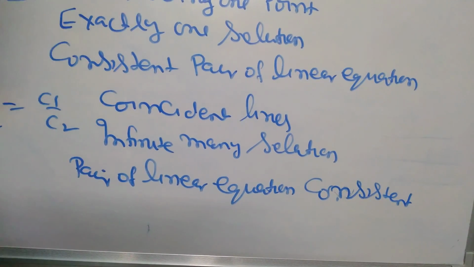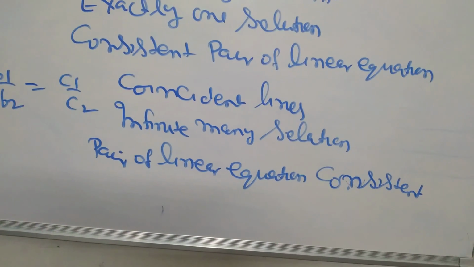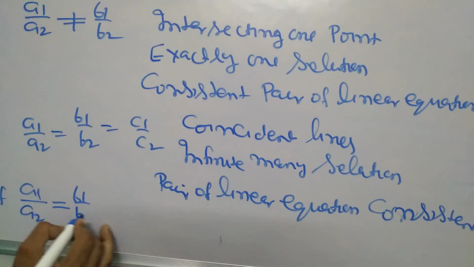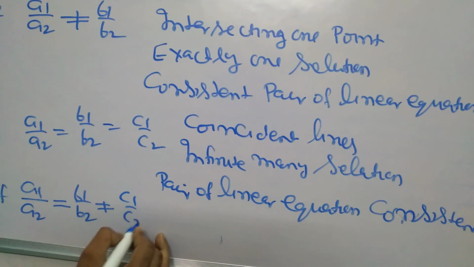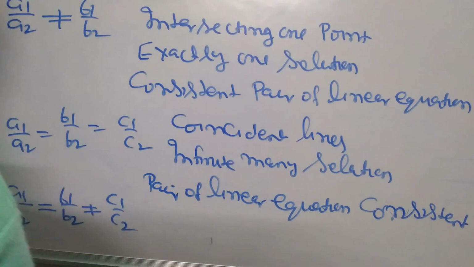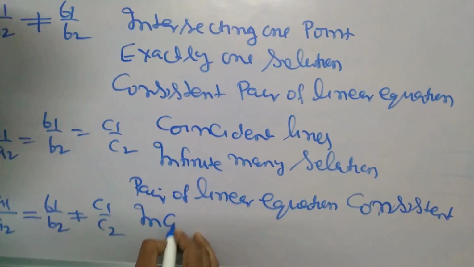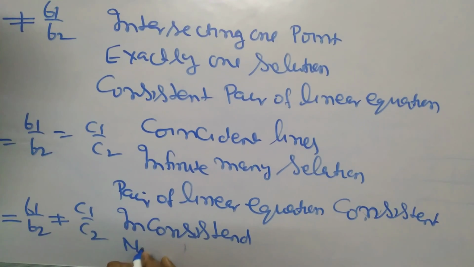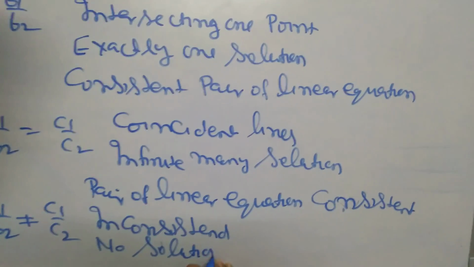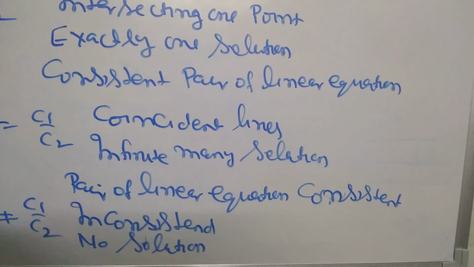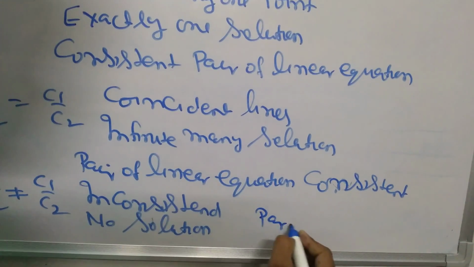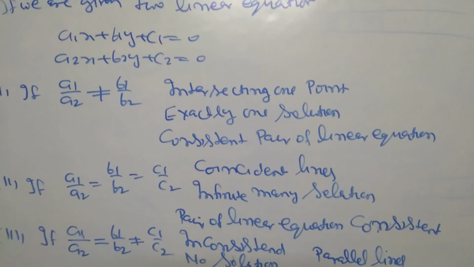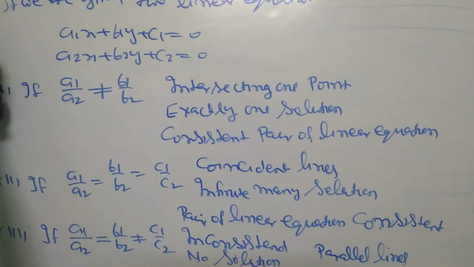Condition third, if a1 upon a2 is equal to b1 upon b2 not equal to c1 upon c2, inconsistent, no solution, parallel lines. These are the conditions to solve the question.